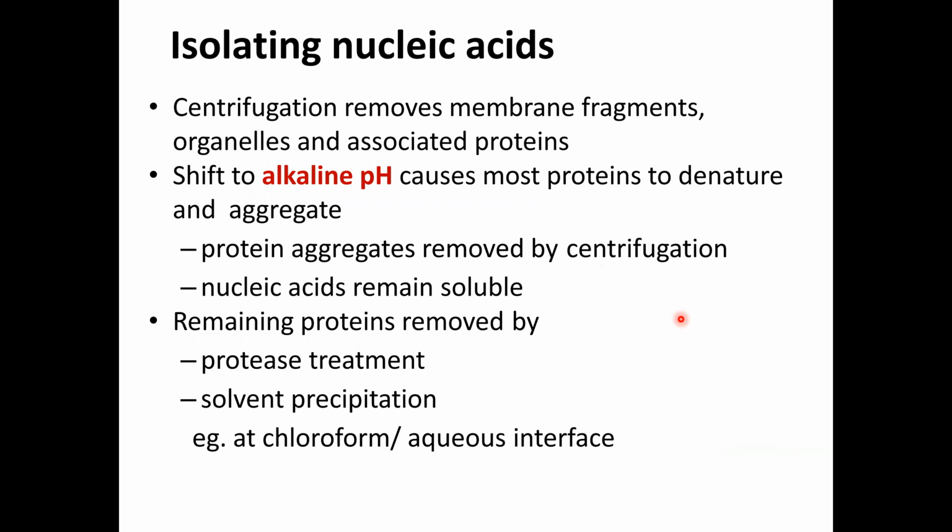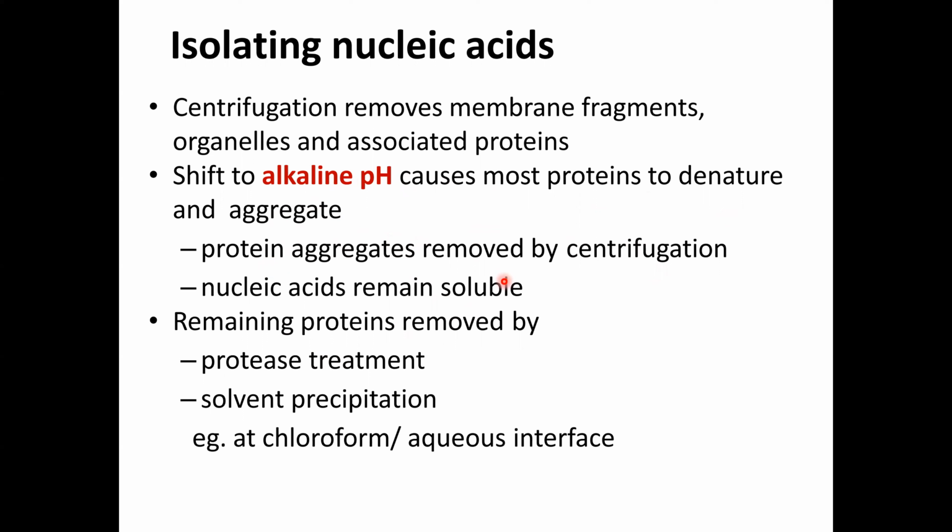For the isolation of nucleic acid, of course, you have to perform centrifugation because it is able to remove the membrane fragments, the organelles, as well as the associated proteins. You could also shift to alkaline pH, because most of the proteins are denatured and aggregate. For protein aggregates, you could use centrifugation to remove them.